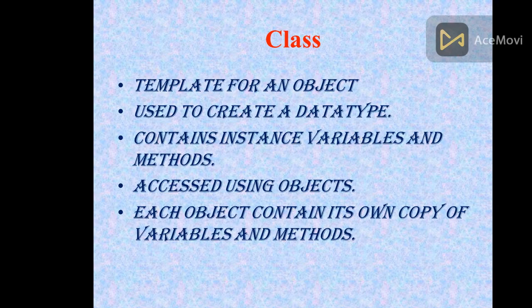We can create as many objects as we want for a particular class, and each object contains its own copy of variables and methods. That is, the values of the variables of a particular object will not affect the values associated with another object. Each object has its own copy of instance variables and methods.